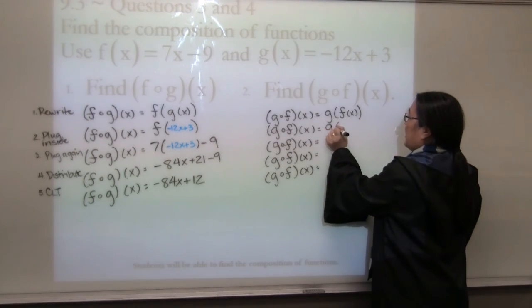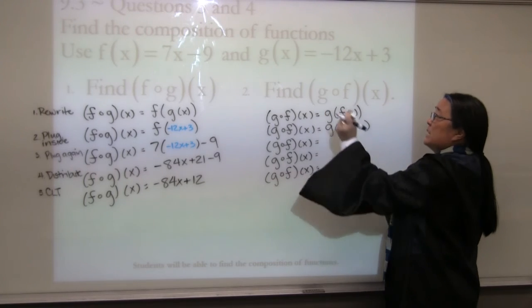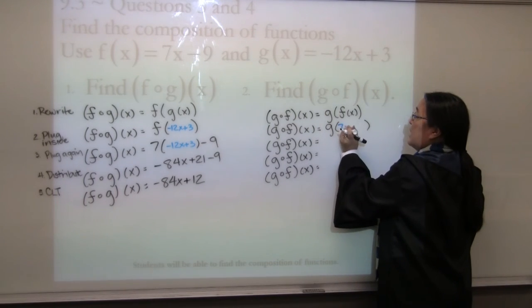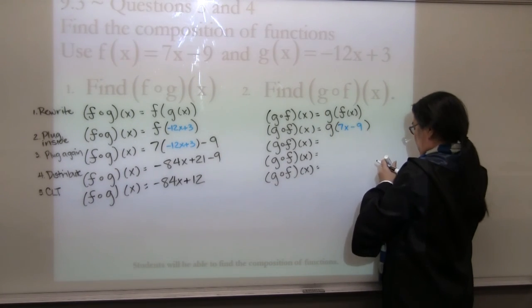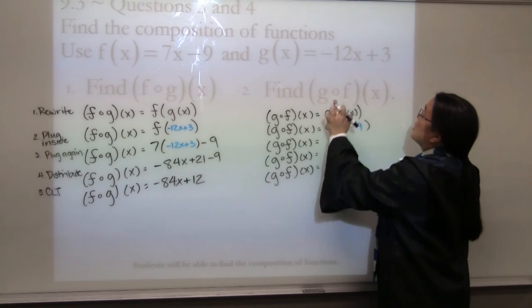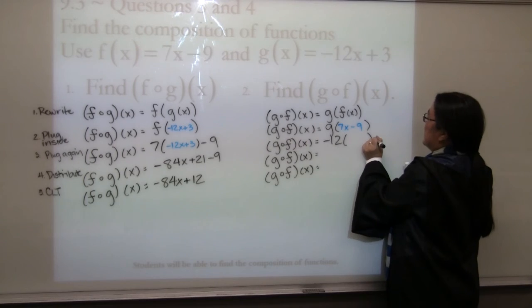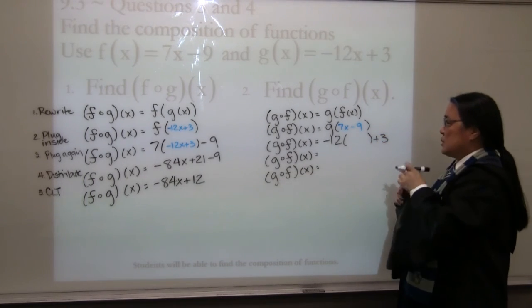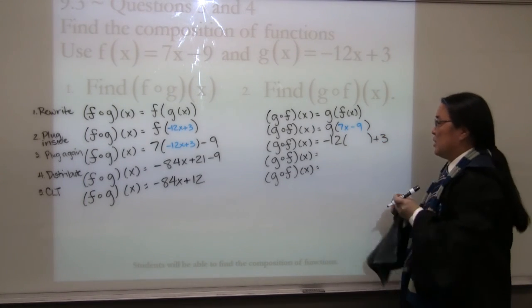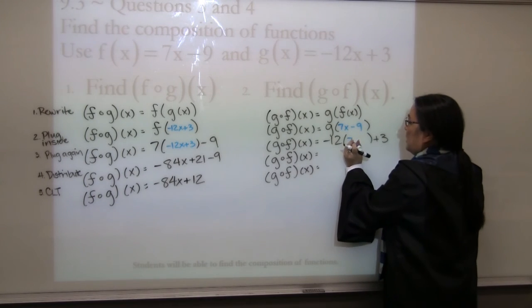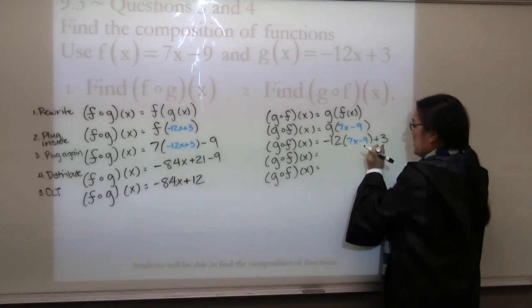Here, we're going to plug in your f of x. According to that, our f of x is 7x minus 9. And then we're going to plug this into g. G says negative 12 times x plus 3. Remember I've been having you guys plug in using parentheses and plug in using parentheses? It's because this is only going to get worse.